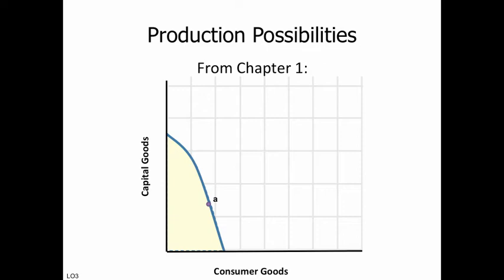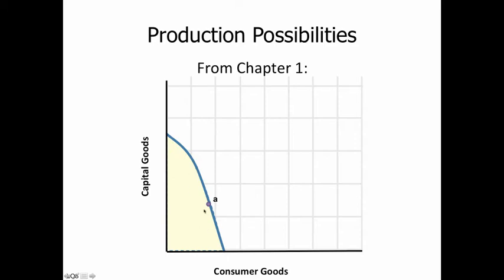So here we have our PPF showing different production possibilities between capital goods and consumer goods. And here's our PPF, negatively sloped, reflecting increasing opportunity costs, and any point along the production possibility frontier represents a point of efficiency, like point A.